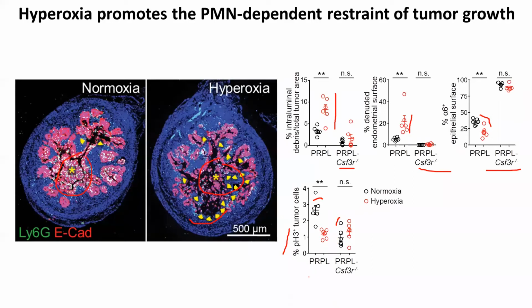But we found that relieving tumor hypoxia decreased the tumor proliferation rate in purple mice, but not in purple mice lacking neutrophils, suggesting that more than the killing properties of neutrophils, the cells were also able to induce tumor cell proliferation, a mechanism abrogated upon relief of tumor hypoxia.